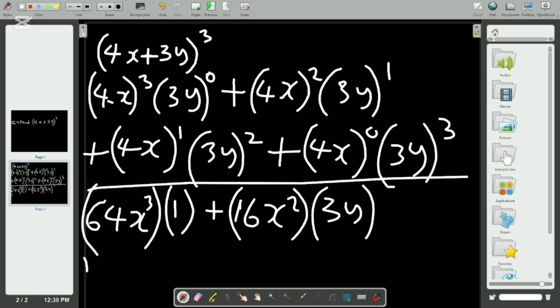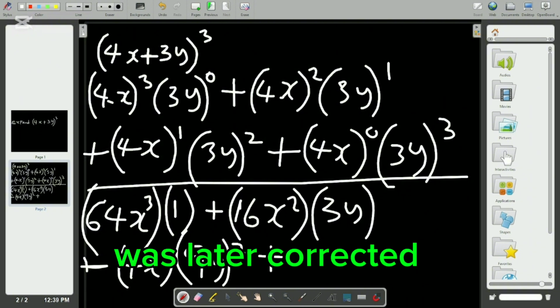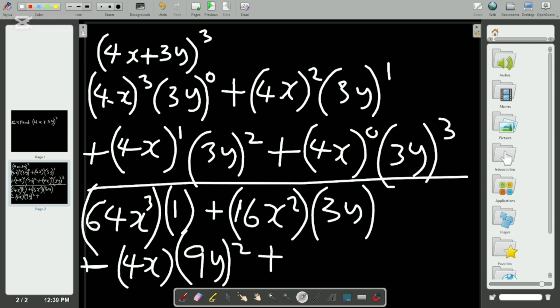Then plus 4x in brackets, while this one here is going to give us 3y squared. 3 squared will give us 9y squared. Plus this one is going to give us 1, and then this one here is going to give us 27y cubed.